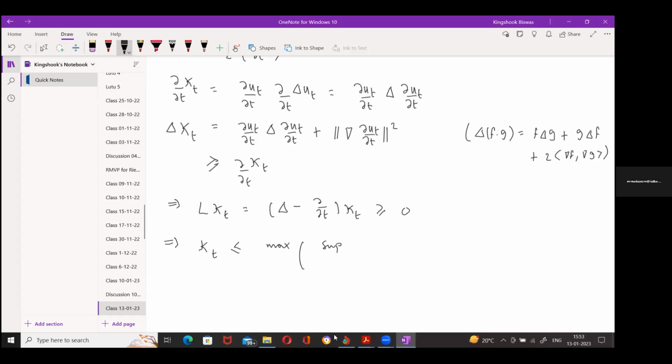So there's one part which is where the domain D cross 0. So that's at time 0, right? So that's the sup over D closure of kappa_0. So that's some fixed constant. And then there's the vertical part of the parabolic boundary. So that will give me a sup over 0 less than or equal to s less than or equal to t.